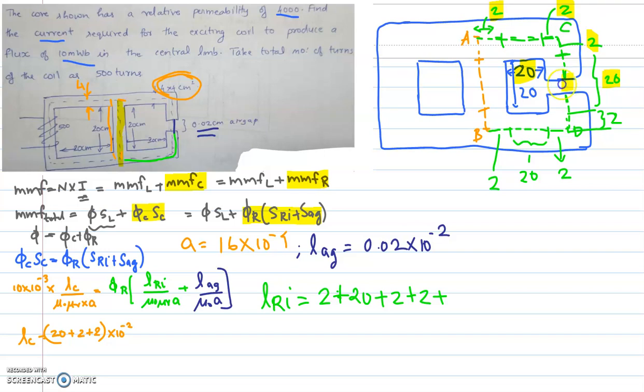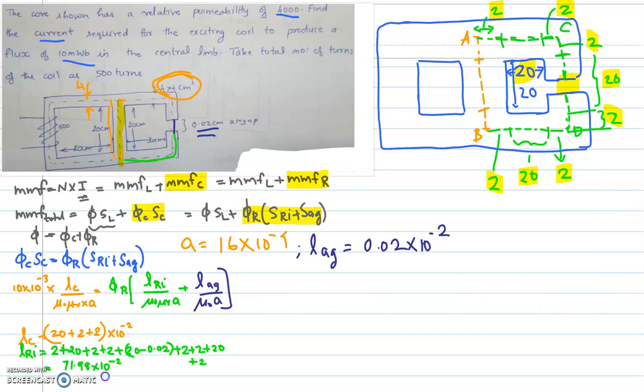Between that an air gap is there which is 0.02 centimeter. So effectively the iron path length will be 20 minus 0.02, plus this 2, plus this 2, plus this 20, plus this 2. This will be the length of LRI.